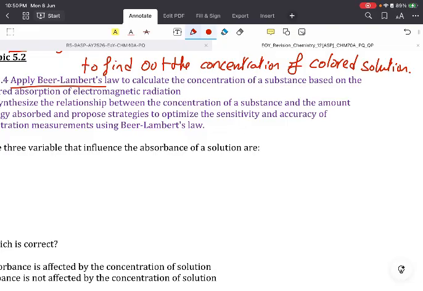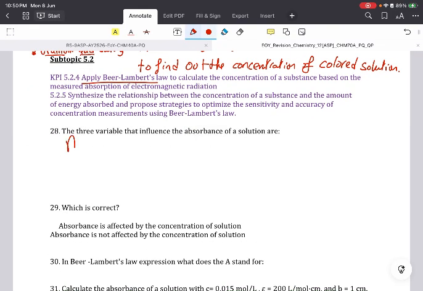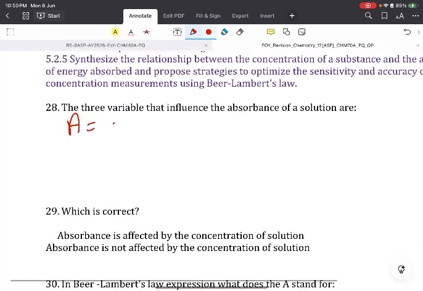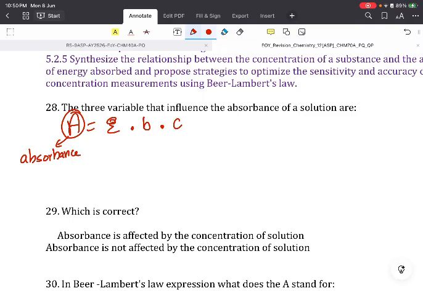So if I look at the formula, absorbance is molar absorptivity multiplied by the path length of the light multiplied by the concentration. So A is the absorbance. Now they asked me to list the three variables that influence the absorbance.